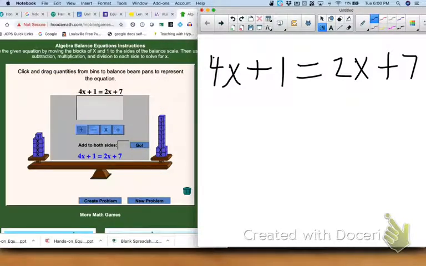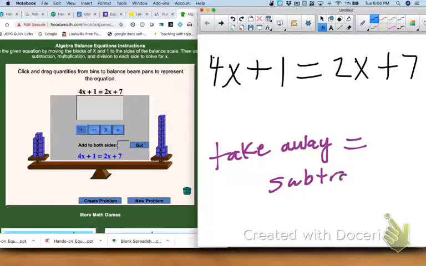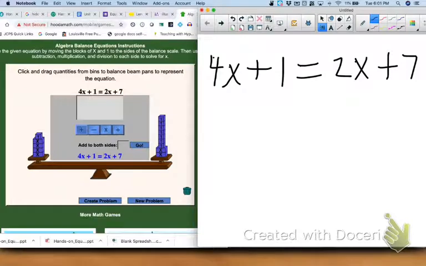What is the big kid word for take away? When we take away, that means the same thing as subtraction. So that is actually what we're going to do. We are going to take away, we're going to subtract those 2 x's to get the x's off of the right-hand side of the balance beam.